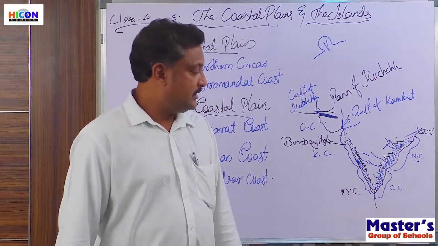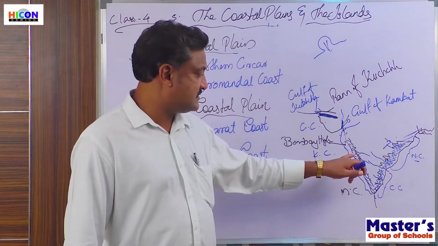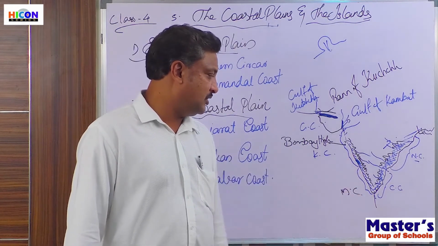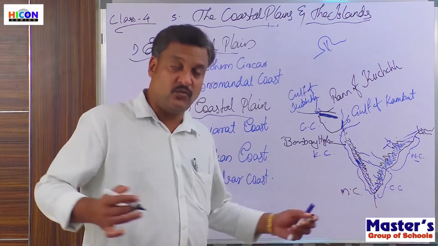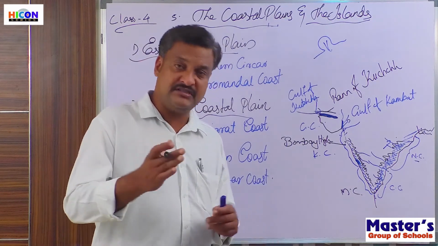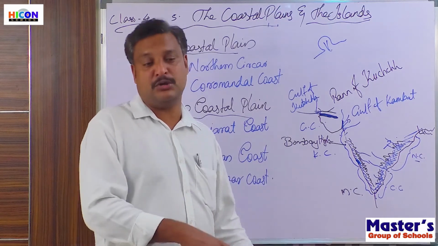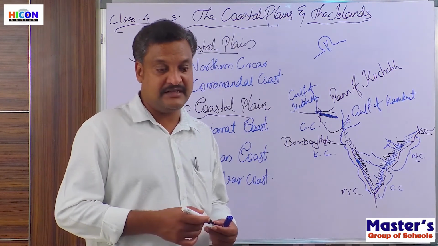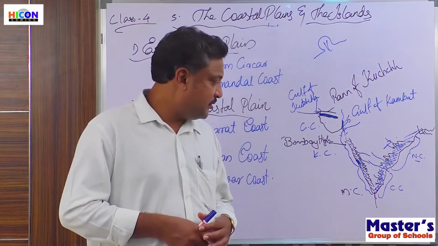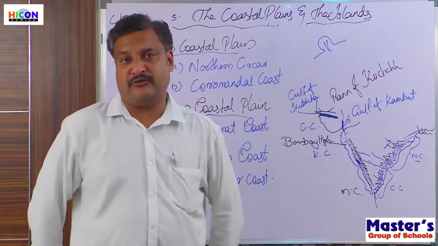Okay. When we compare, the Konkan Coast and the Malabar Coast is wider. Konkan Coast is narrower, with almost all the mountains actually going into the ocean, into the sea, right? Then this region receives heavy rainfall.